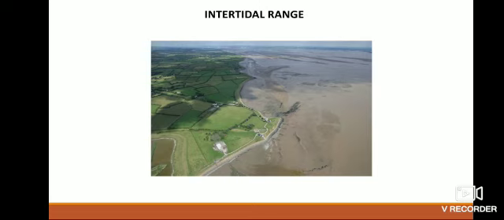However, towards the coastal areas, it goes on increasing. In India, the highest tidal range is in the Gulf of Khambat. It is about 1100 centimeter.